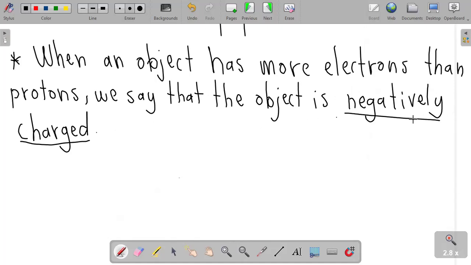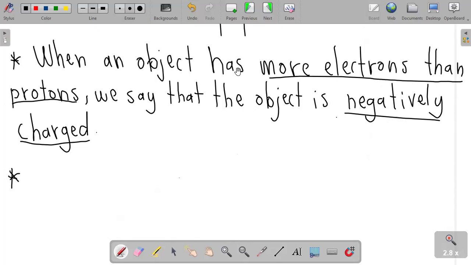It's negatively charged when it has more electrons than protons.